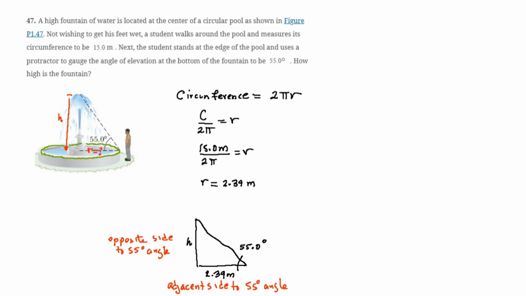So that means that if I know the adjacent side and the opposite side, I can easily find the tangent of the 55.0 degree angle.